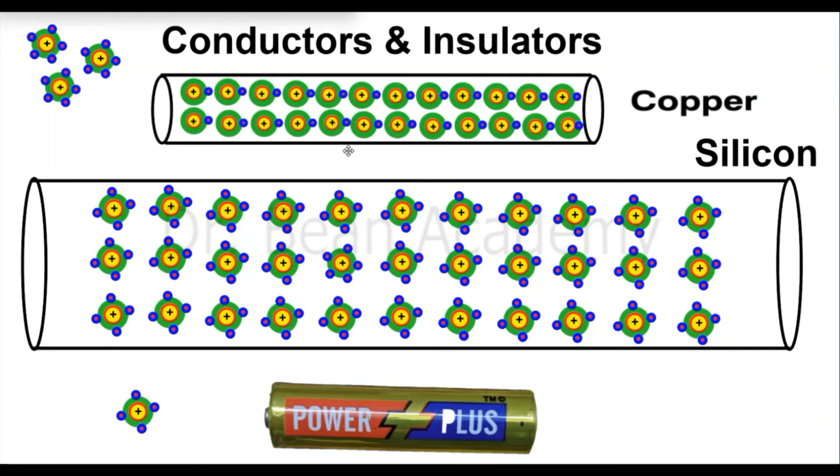So now do you know what will happen if I do that? Let's analyze. Because now there was a silicon atom which had 4 valence electrons and it was making a perfect bond with the neighboring 4 atoms. So one was shared with the atom on the right, one with the left, one above and one below.